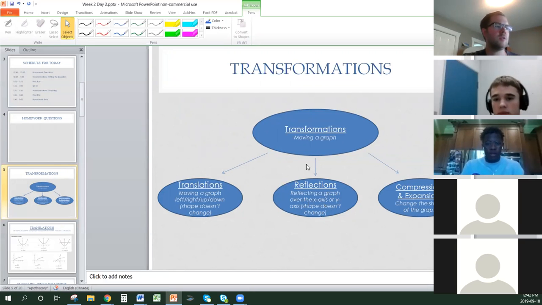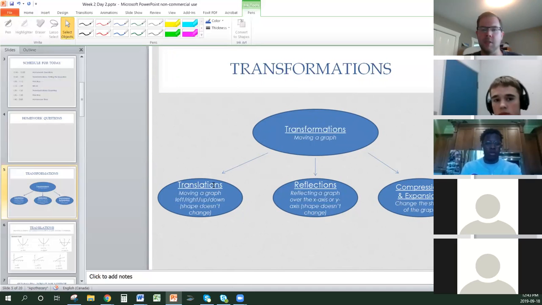Okay, so transformations, again, are moving a graph. The first type of transformation that we'll be looking at is called a translation. Essentially, we're taking the graph and moving it left and right, or moving it up and down. Fairly simple. The next type is called reflections.